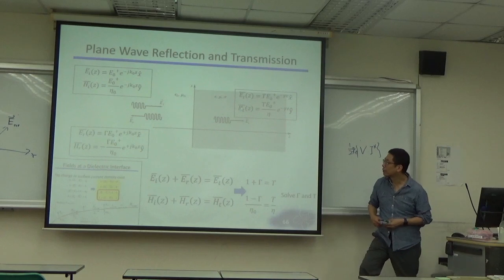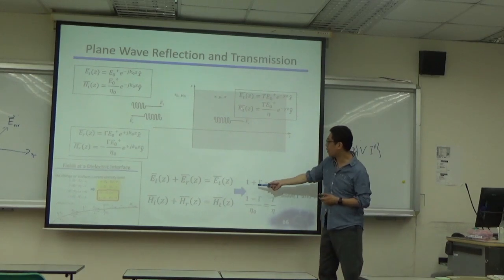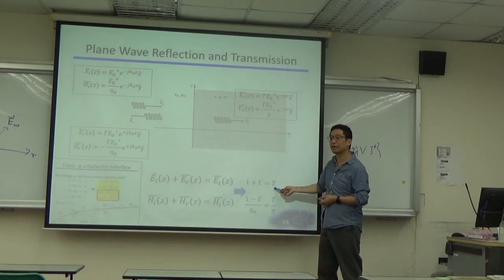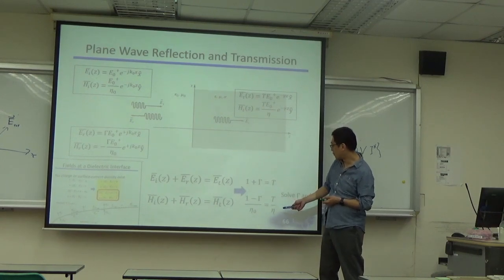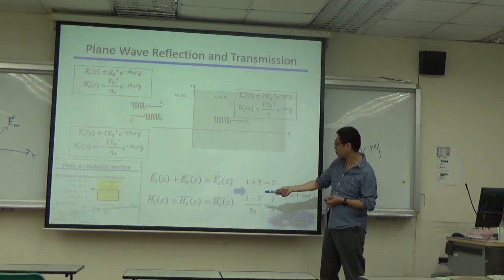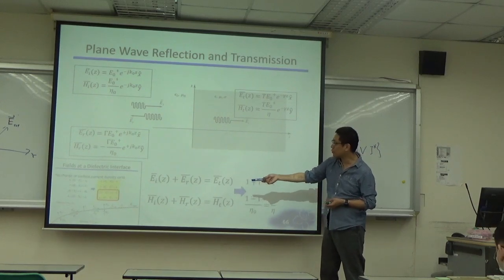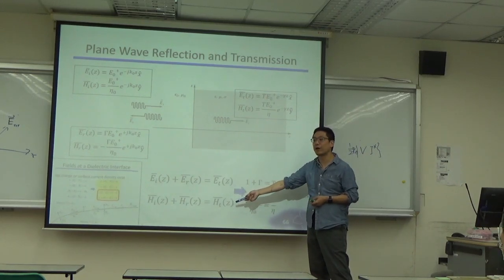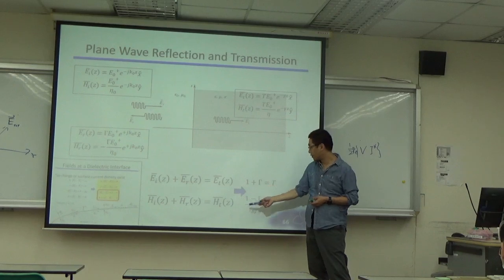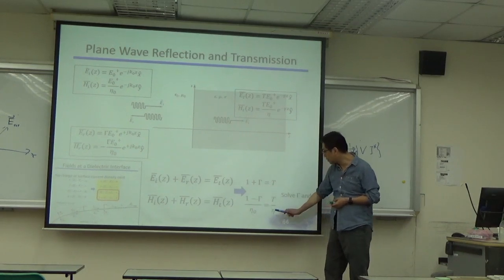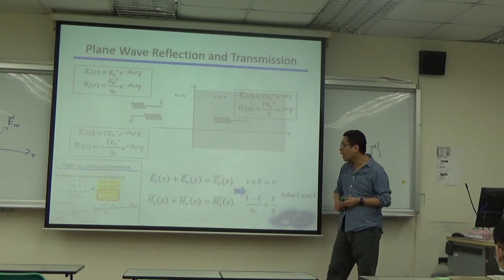Therefore, from that you know 1 plus gamma equals T. And for the H, you also have a boundary condition, right? And you got this another equation.